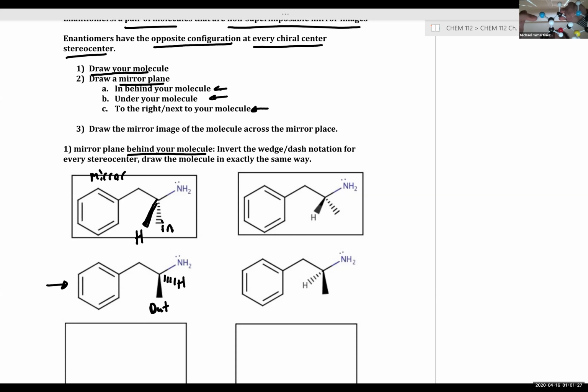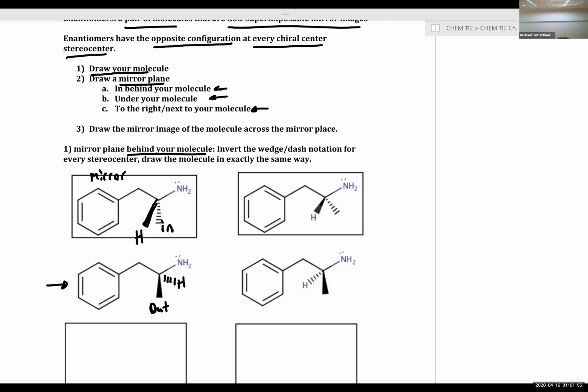So for our mirror image, is our hydrogen pointing out or into the page? The hydrogen, is it going towards you or away from you? This hydrogen right here, is it closer to you? Oh, yep, exactly right. It's pointing out.